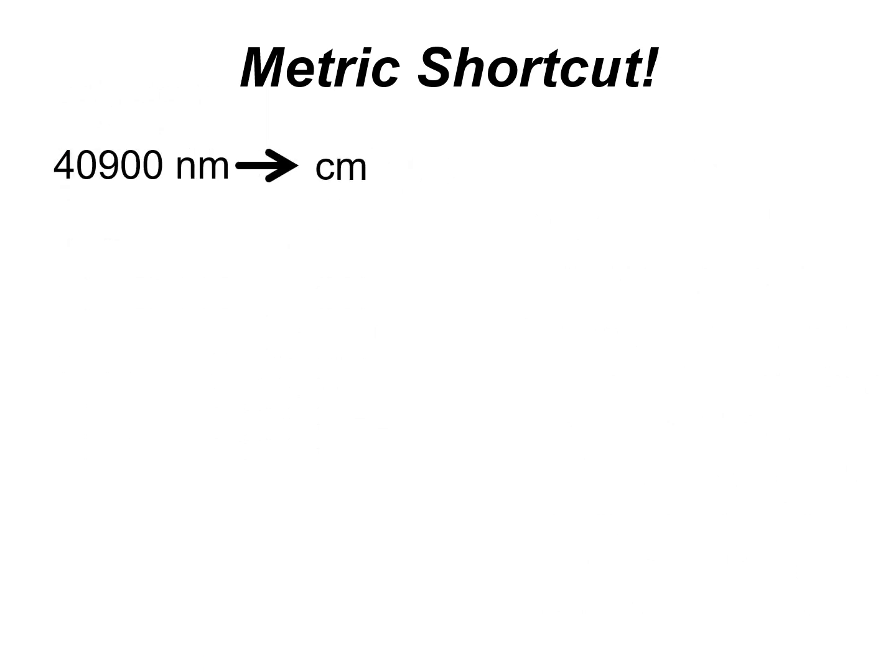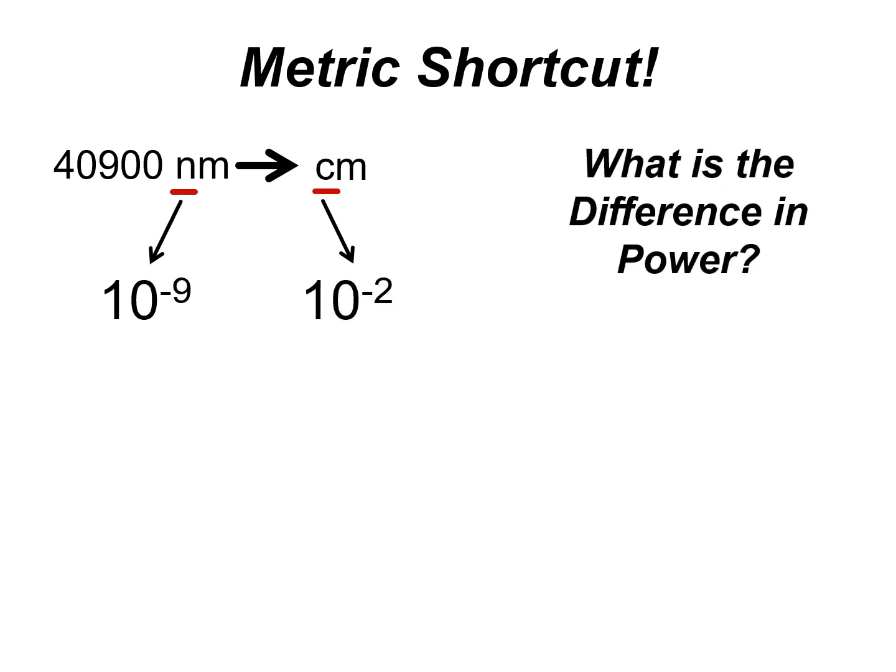In the next example, we have 40,900 nanometers we're converting to centimeters. So in converting this, we have to figure out what prefix nano is, 10 to what power, then centi, 10 to what power there. We see that nano is going to be 10 to the -9th, centi is going to be 10 to the -2nd. So if we look at the difference in power there, we can see that the difference in power is going to be 7.